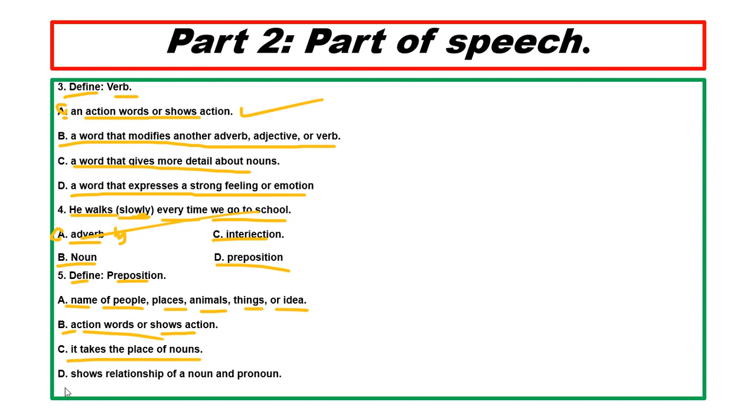Or this one shows relationship of a noun and pronoun. Okay, so when we say show relationship, so it's having a what? A relation to each other. So it's connected to each other. Like the girl is in the school, okay? Or the girl is in the classroom. Sorry. So the girl is in the classroom. Okay, so that is what?